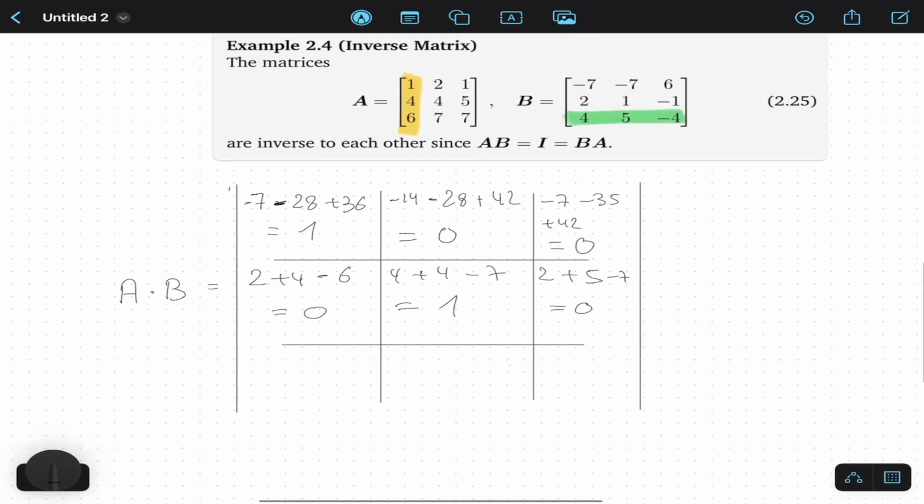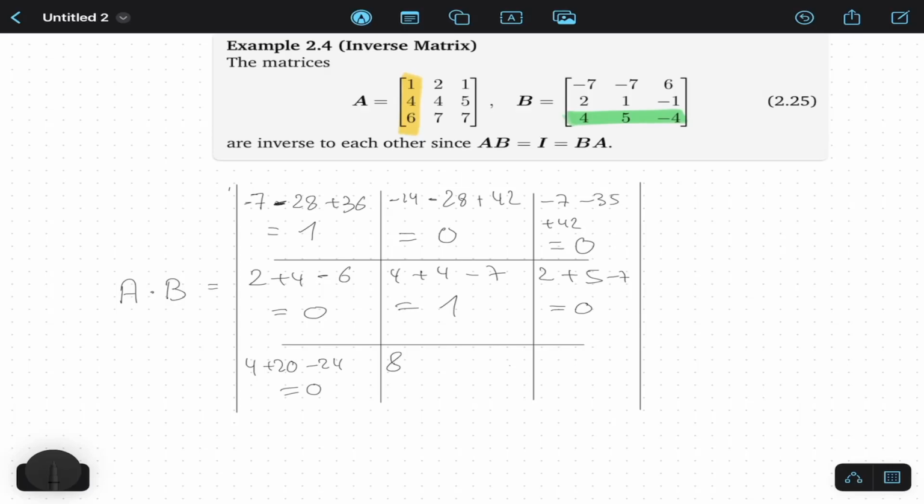So what do we have? 1 and 4 is 4. Then we have 20. Then we have 12, 24 minus 24 equals 0. We move yellow to the right. Then we have 8.